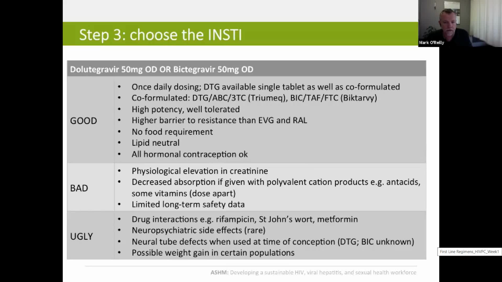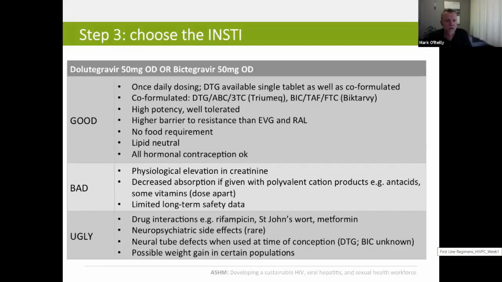In terms of co-formulations, dolutegravir is co-formulated with abacavir and 3-TC as Triumeq, while bictegravir is co-formulated with TAF and FTC as Biktarvy. They're both very high potency drugs, and they're both very well tolerated. They have a high barrier to resistance, and it's a higher barrier than either elvitegravir or raltegravir. There's no food requirement with these drugs. They tend not to have an impact on lipids, and they don't have any interactions with hormonal contraception.